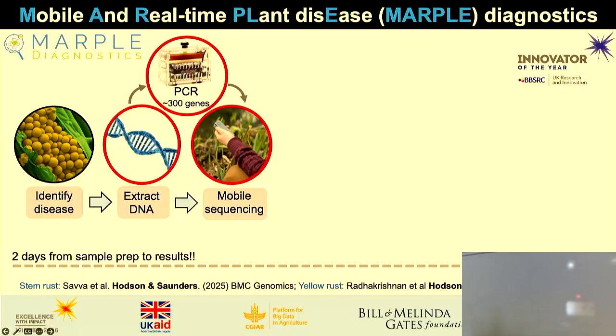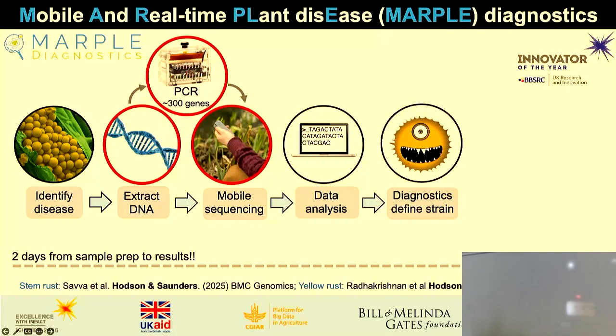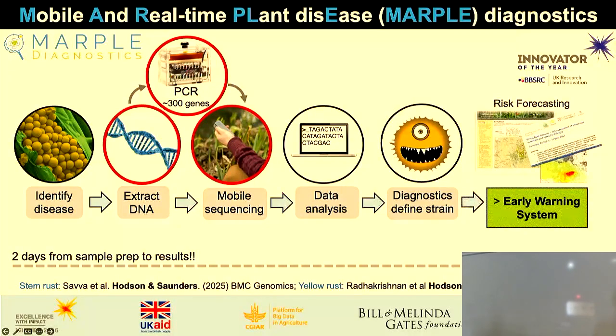And then you get all your amplicons from your PCR, and then you can sequence those on the portable sequencing device from Oxford Nanopore. This then allows us to see the genetic code of those genes, and we can then analyze that using automated data analysis pipelines, enabling us to define the exact strain that's present in that sample. And then that information can be integrated into the amazing early warning system that Dave's already so nicely explained.